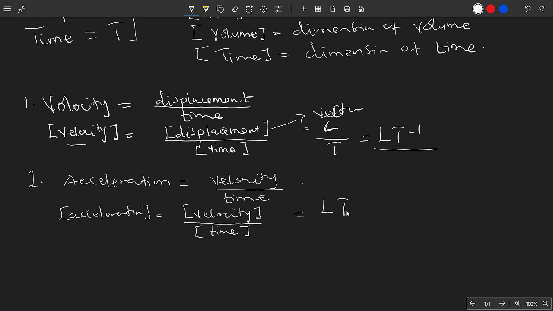So LT negative 1 divided by the dimension of time, which is capital T. And this is the same as LT negative 1 times T negative 1. With indices of the same base being multiplied, we add the powers, right? So this is going to give us LT negative 2. All right, let's move on to the next one.